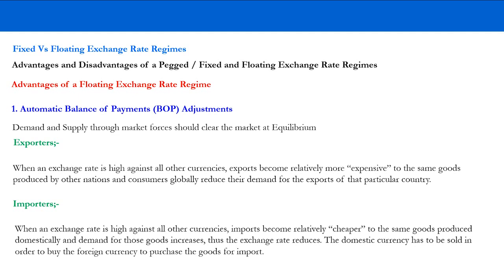The currency has gone too high, and the importers on the other side are essentially buying the currency first in order to pay for the exporting country's goods.